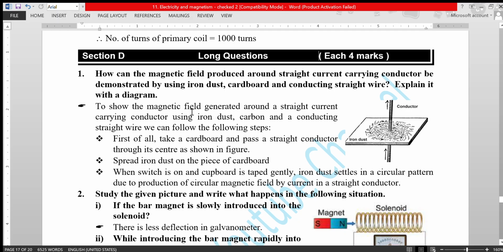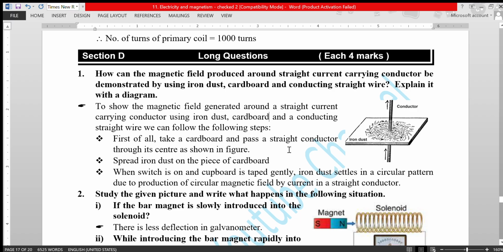To show the magnetic field generated around a straight current carrying conductor using iron dust, cardboard, and a conducting wire, we can follow the following steps.